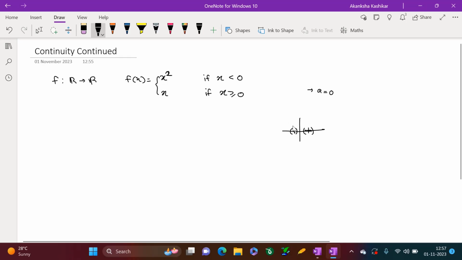So things will be easier for me. Same story on the right side of the y-axis. However, at a equal to 0, I will always have half a neighborhood where the functional form is x square and the remaining half where it is x. So we have to consider the case a equal to 0 separately. Right now we will talk about a not equal to 0.